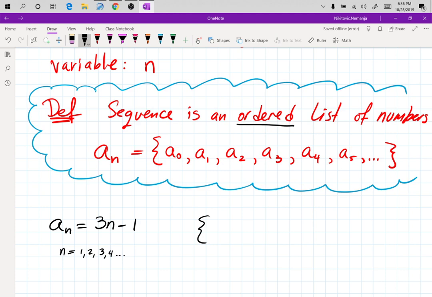You plug in 1 for the first value. So that's going to be 3 times 1 is 3, minus 1 is 2. Plug in now 2. 3 times 2 is 6, minus 1 is 5. And you quickly pick up the pattern that you are supposed to just add 3, and you will go to infinity.